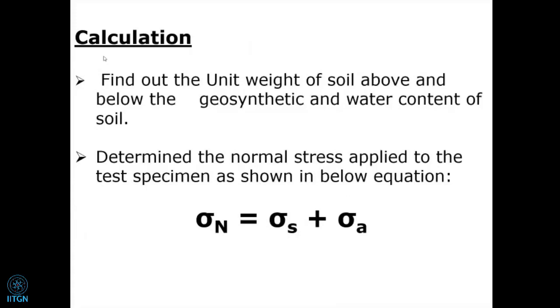After applying different normal stresses like 25 kPa, 50 kPa, and 100 kPa, we have to check the pull-out resistance correspondingly, note down these values, and then determine the normal stress. Sigma n is the sum of sigma s plus sigma a. What is sigma s?